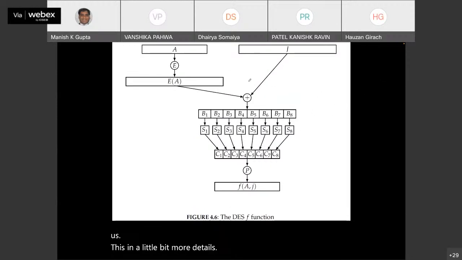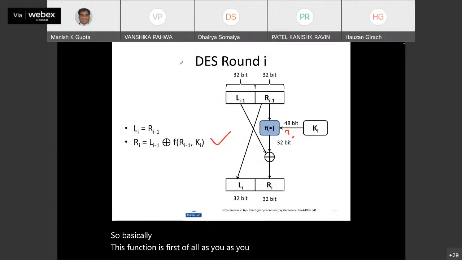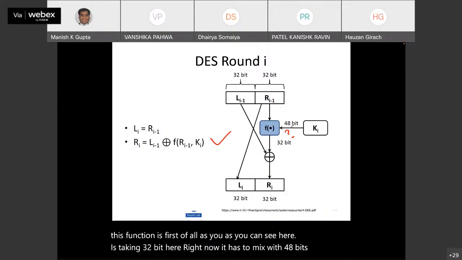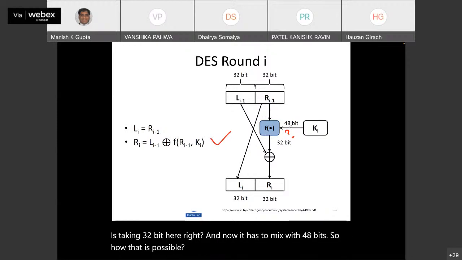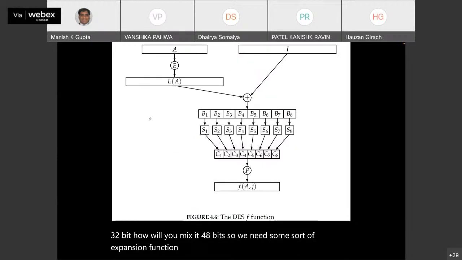So basically, this function is, first of all, as you can see here, f is taking 32 bits here, right? And now it has to mix with 48 bits. So how is that possible? 32 bits, how will you mix with 48 bits? So we need some sort of expansion function here. Here is the expansion function, which is expanding it, then it is mixing, and then we are getting these Bi's.